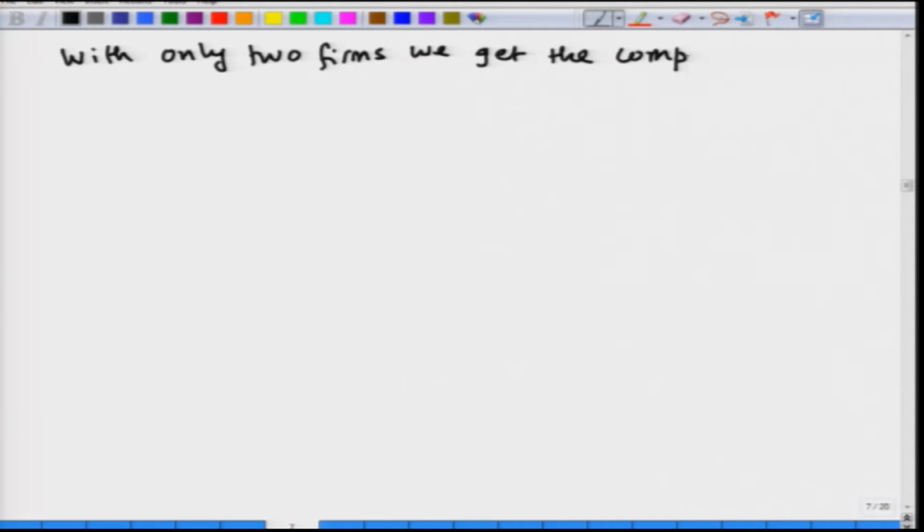So, the surprising part of this discussion is that with only two firms, we get the competitive solution. With only two firms we get the competitive solution, because recall in a perfectly competitive market, the price that is obtained in the market system is a price which is exactly equal to the marginal cost.